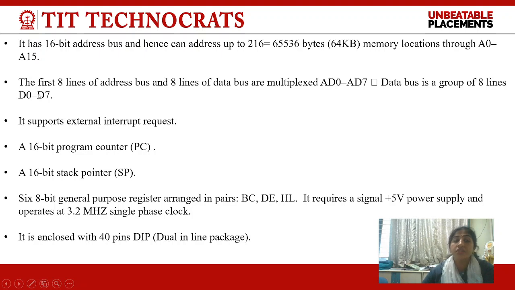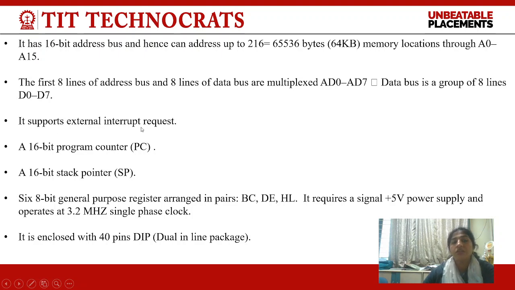The first 8 lines are part of the 16-bit address bus, and the remaining 8 lines are a multiplex of address and data bus, that is AD0 to AD7. The data bus is a group of 8 lines, AD0 to AD7.